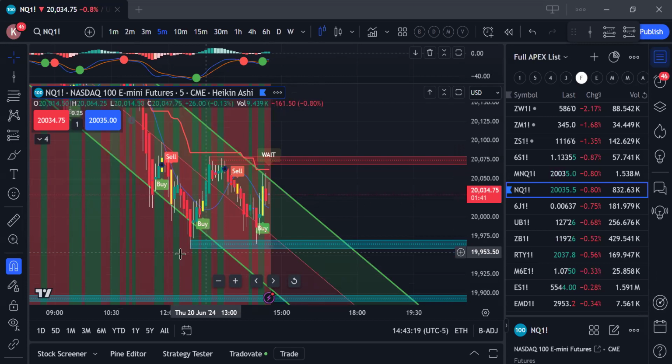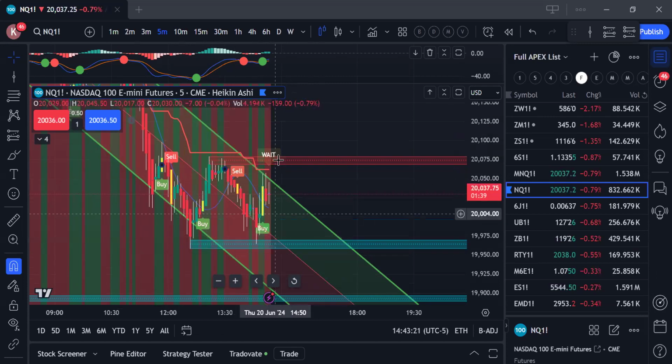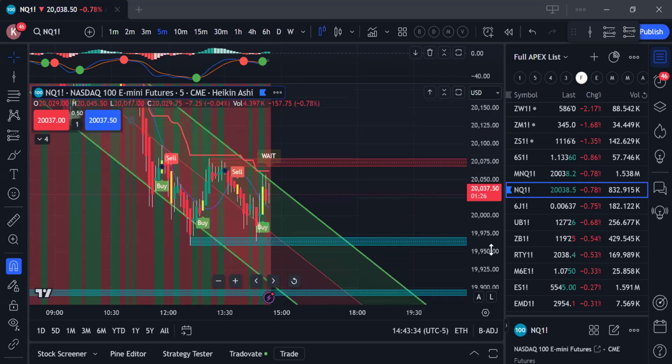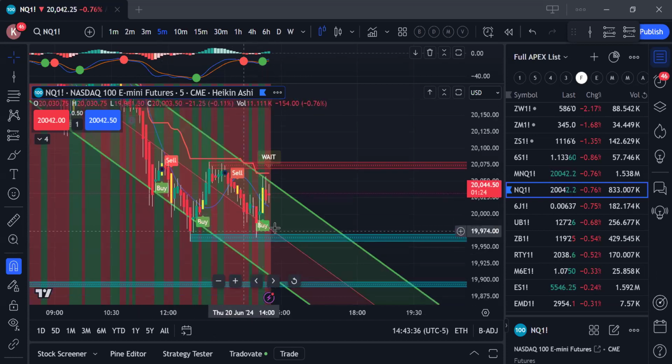If you're an experienced trader, you know double bottom, double top, all those things, then you can ignore this. If you are a new trader, just follow. If this gives sell, this gives sell, you do that. If this gives buy, you follow that. Then you will be 95, 99% successful. Earlier it gave sell, this gave sell, I took NQ.